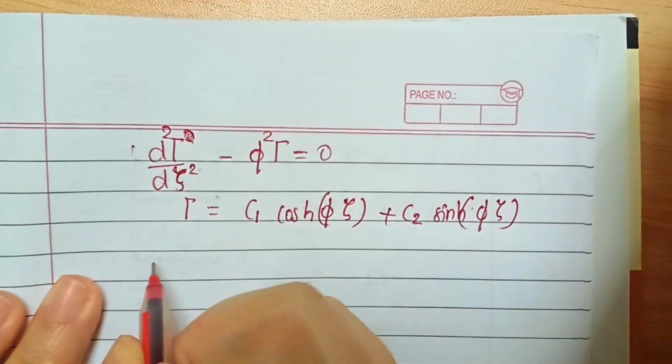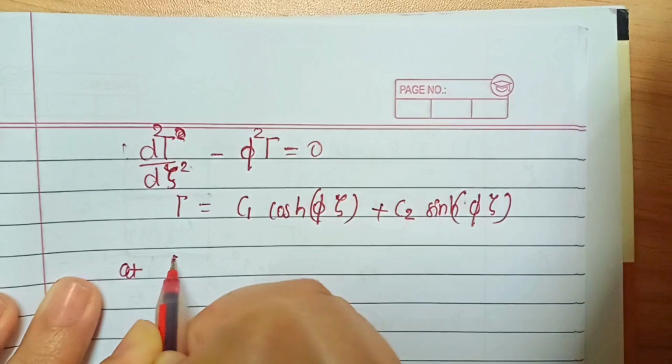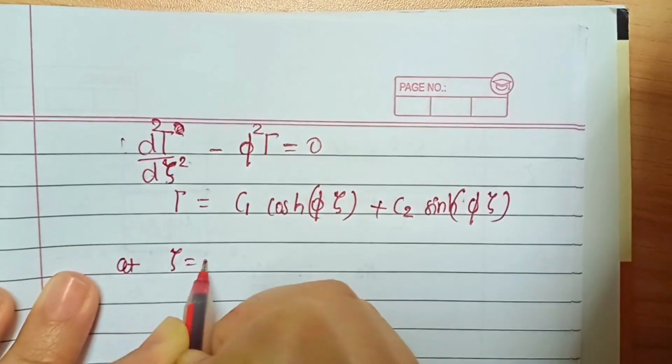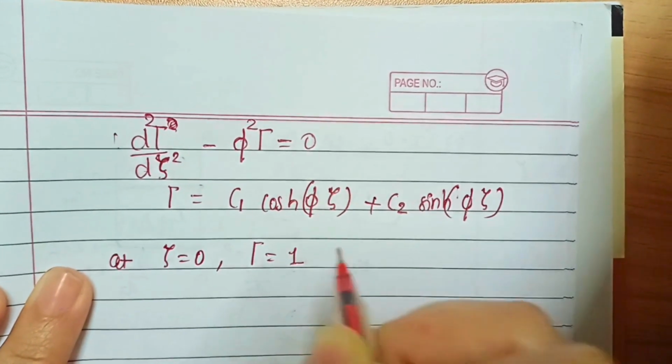We will apply the boundary conditions: at zeta is equal to 0, gamma will be 1.